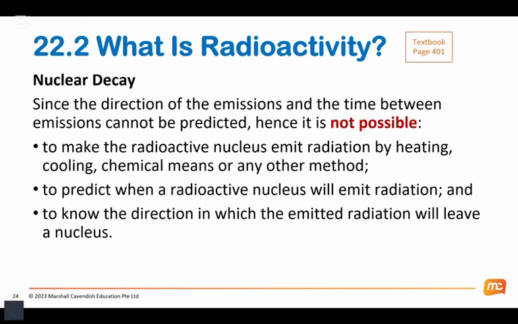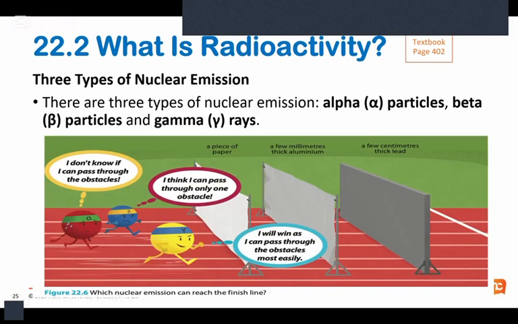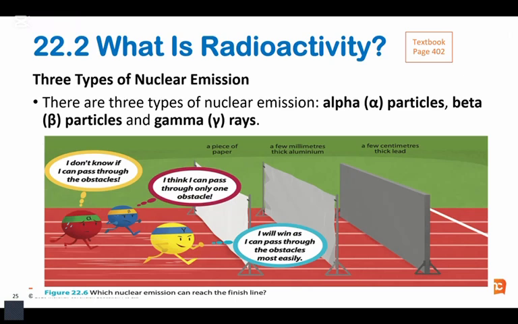Okay, and it decays because the nucleus is unstable. Okay, so this is what I just mentioned. You can read through yourself. Okay, then we zoom into the particles or electromagnetic radiation that comes out from a radioactive nucleus. Okay, there are three different types, which you must know as the key part of this chapter, together with half-life, which is in the next video.